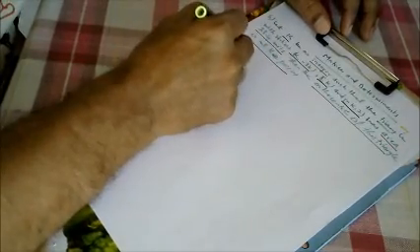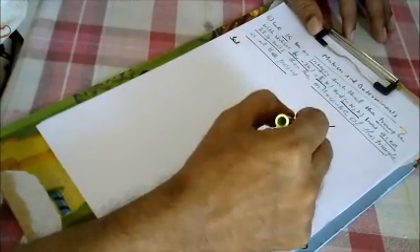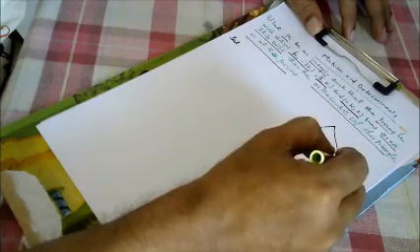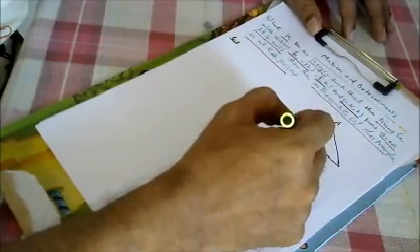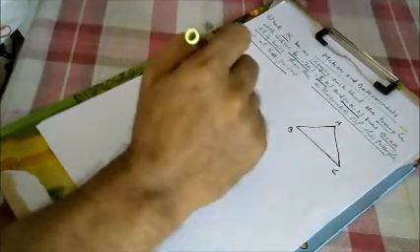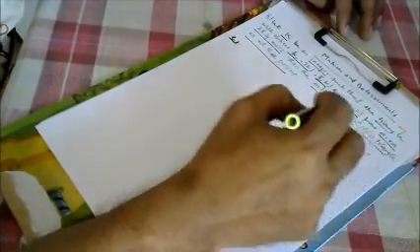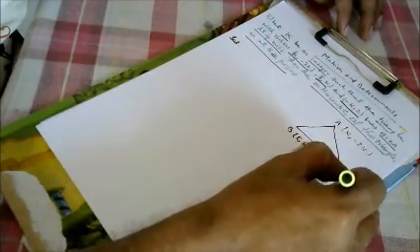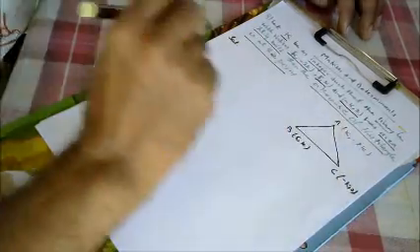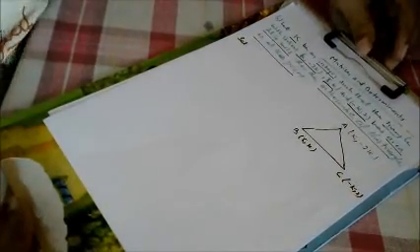Suppose we make a triangle with 3 points A, B and C. Suppose A is (k, -3k), B is (5k, -k) and C is (-k, 2).